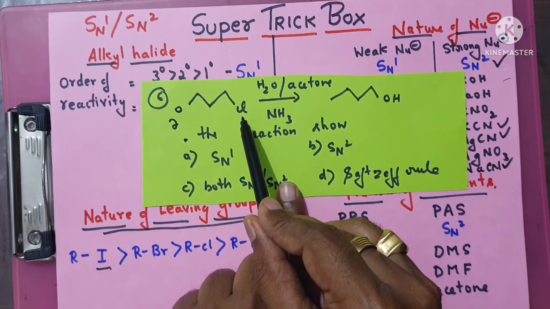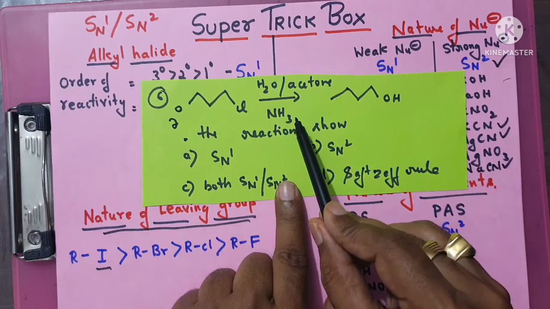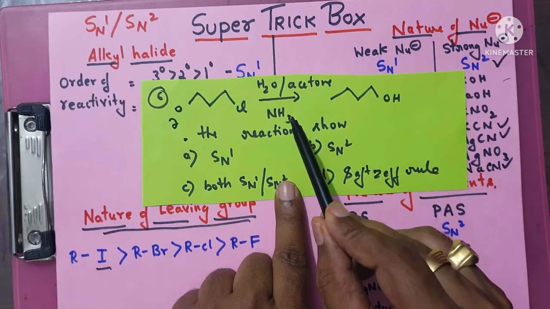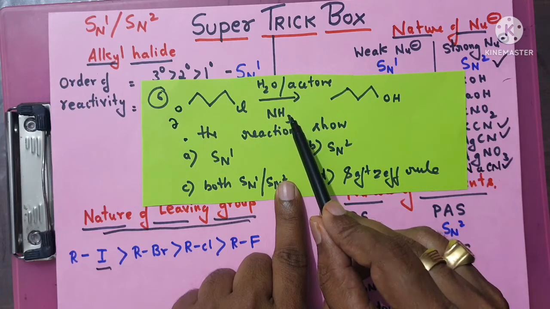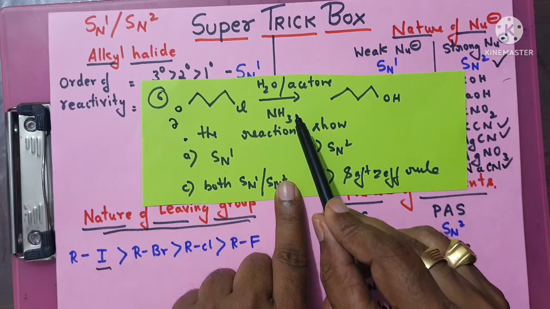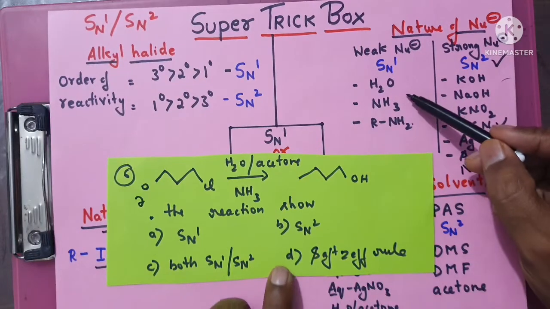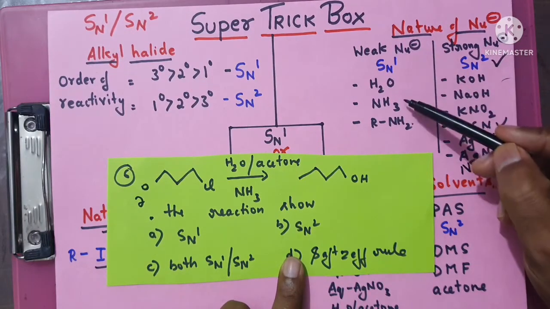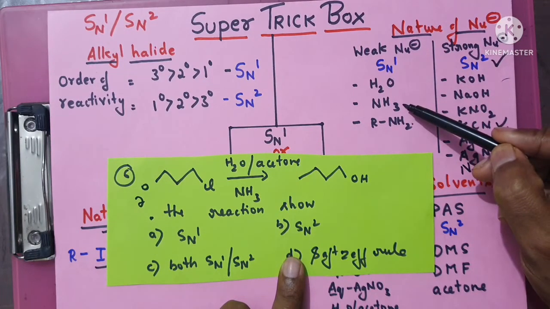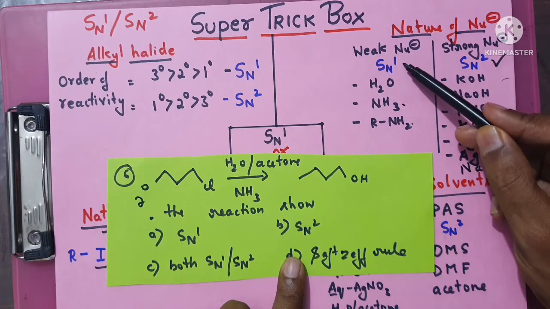In the presence of a weak nucleophile. Yes, sir, it is a weak nucleophile. You can observe here, it is a nucleophile which is a weak nucleophile. Definitely it will help for SN1 mechanism.